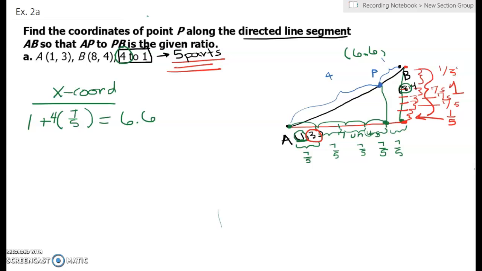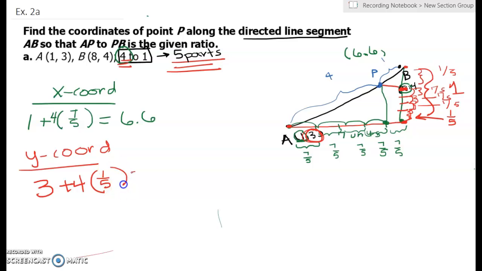Okay, so when I'm going to find my Y coordinate, I want to ask myself, okay, what's my starting point? Well, I'm starting at A. The Y coordinate at A is 3. So I'm starting at 3. I'm going up. So I'm adding, and I want 4 parts. So 4 times, well, each piece is 1/5. So 4 times 1/5.